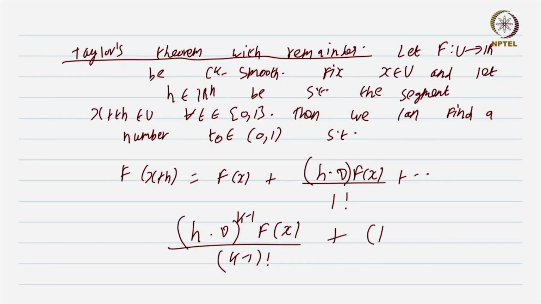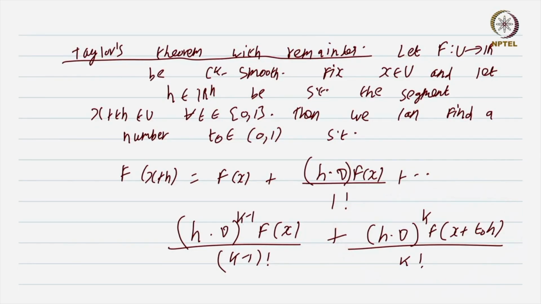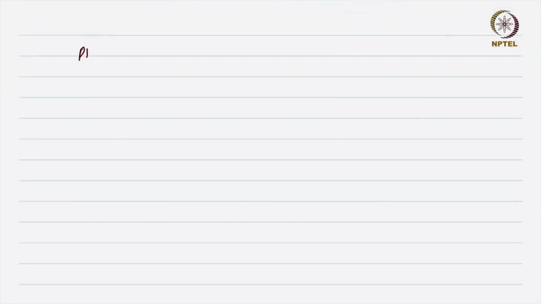This is nothing but (h · grad)^k f(x + t_0 h) divided by k factorial. So this is going to be the remainder term. The statement looks a bit complicated, but the proof is just reduction to the one variable case.